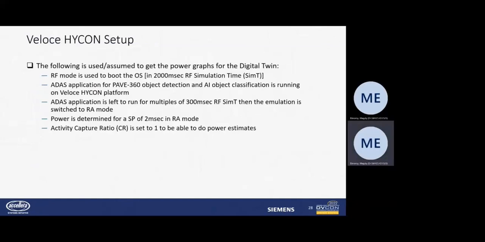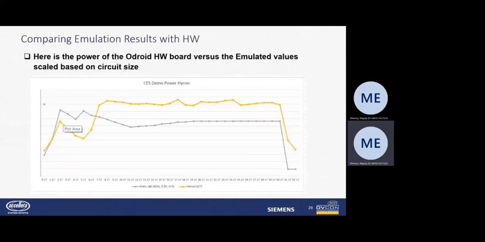Then we set up our Veloce Hycon as a hybrid solution. We set the parameters, we run the same application on the virtual machine first, and then we used our mechanism of run fast, run accurate, determine the power at the sampling intervals for the sampling period, and we draw the power graph.